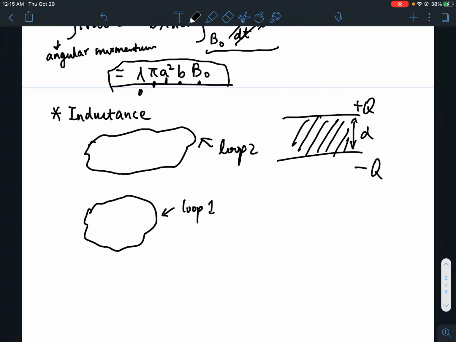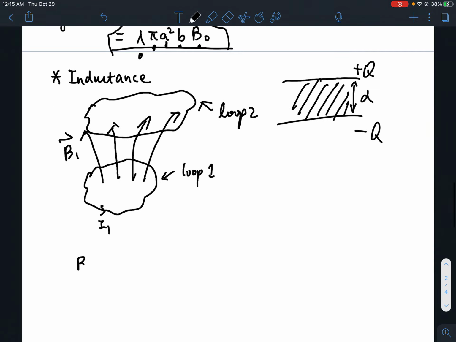They are really not connected to each other at all; they are separated from each other. Now let us say I have the current I1 going around loop 1, and we know that it will create a magnetic field. Let us call it B1.